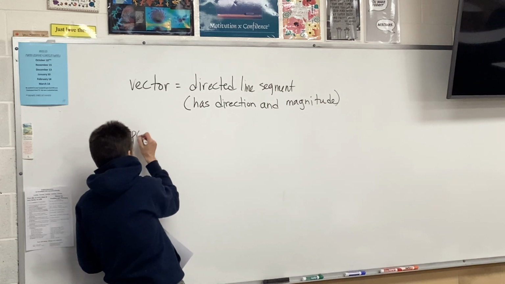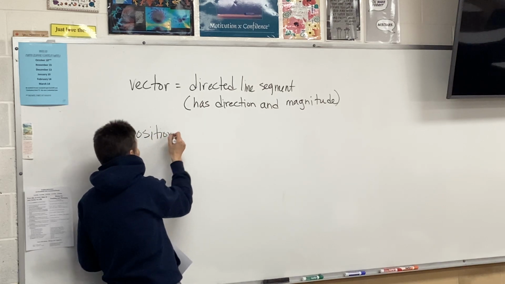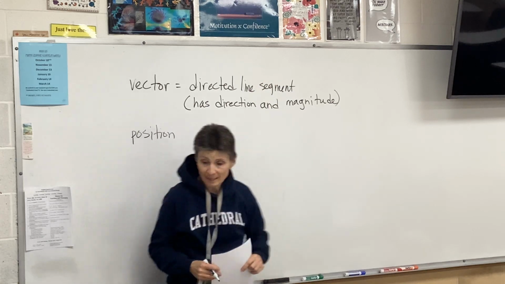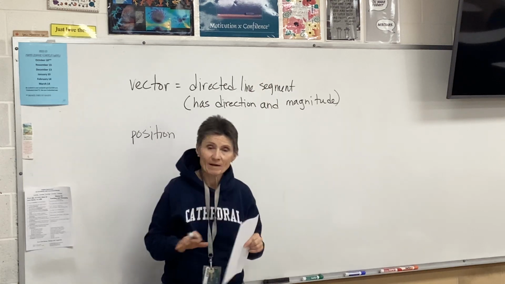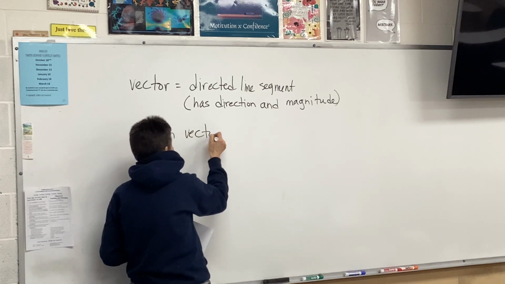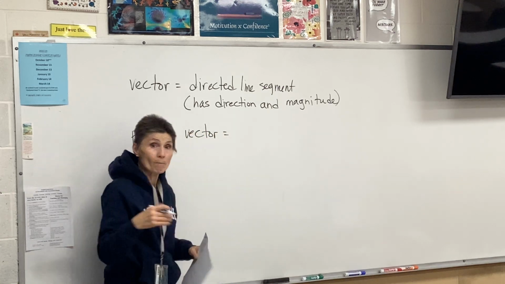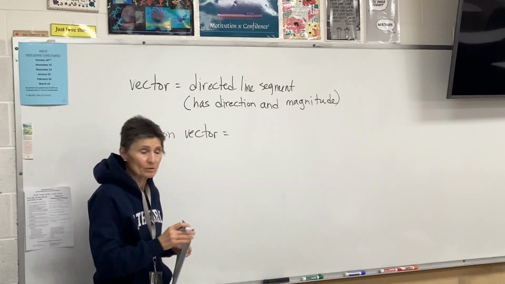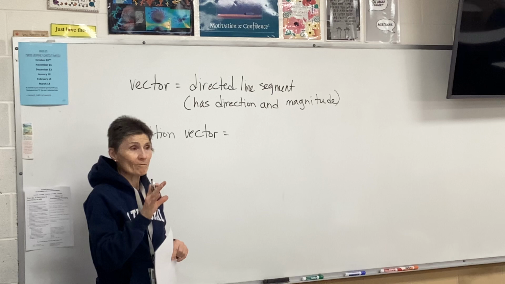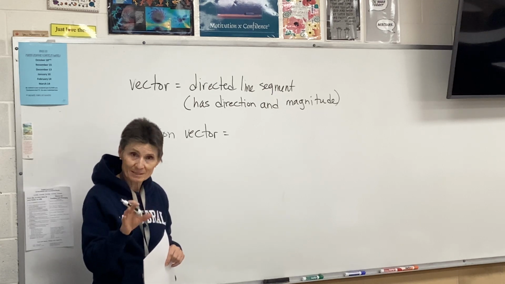A position vector, vectors occur all over out here in space. So my arm is a vector, my leg is a vector. They're all vectors, they're all over the place. To kind of keep things standardized so that we can do math with these vectors, we have what we call position vectors, or vectors in standard position.